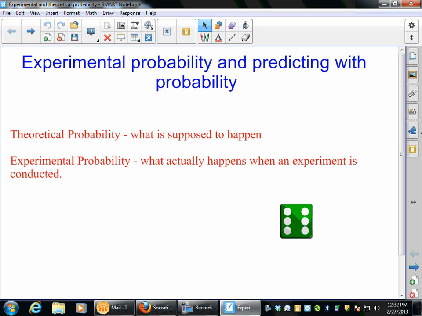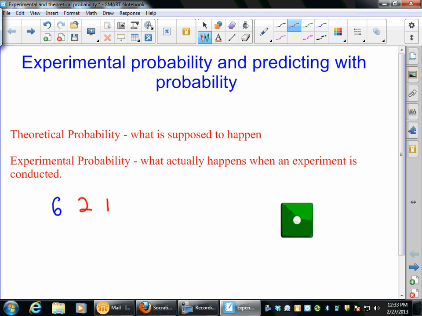So the first time I get a 6. Next time, I get a 2. The next time, a 1. Fourth roll gives me another 1.